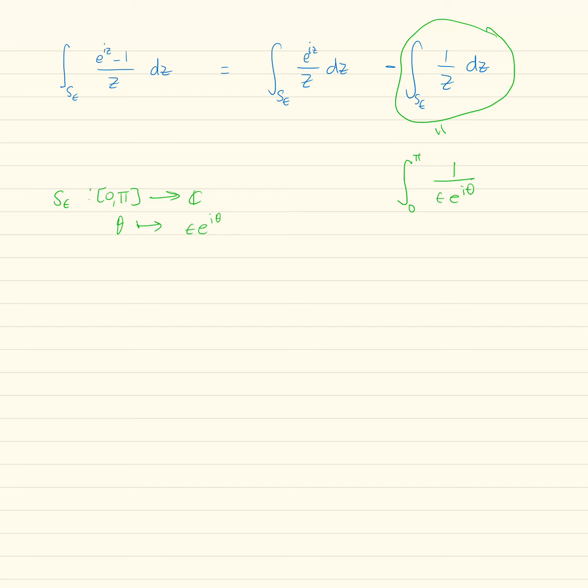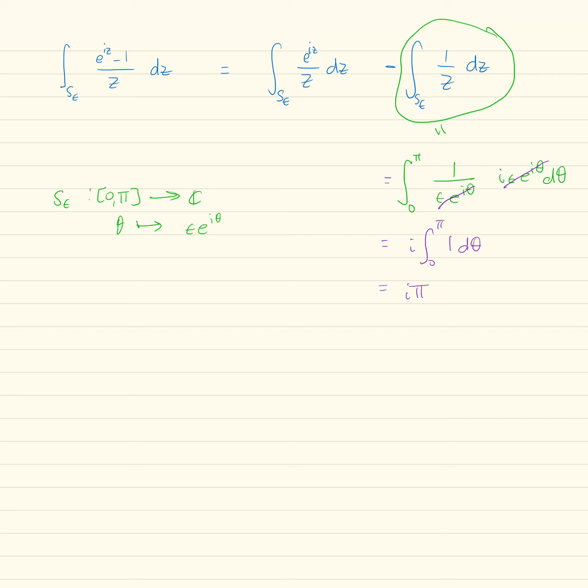What is my derivative? i epsilon e to the i theta, so I have d theta. What do we have here? My epsilon e to the i theta cancels out. The i, bring it out. So I have i times the integral from 0 to pi of just 1 d theta. That's just pi i, right?